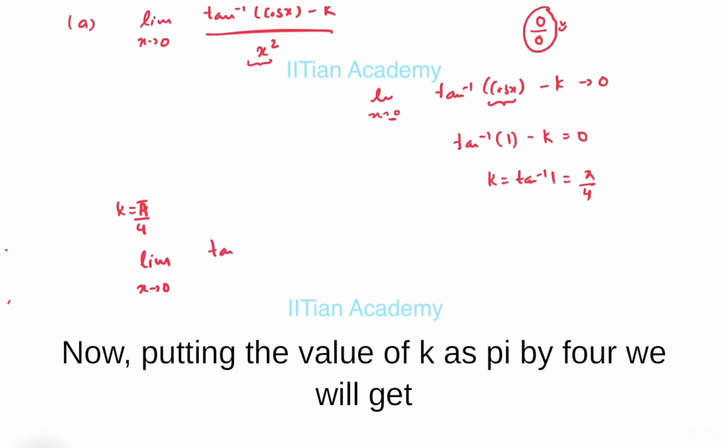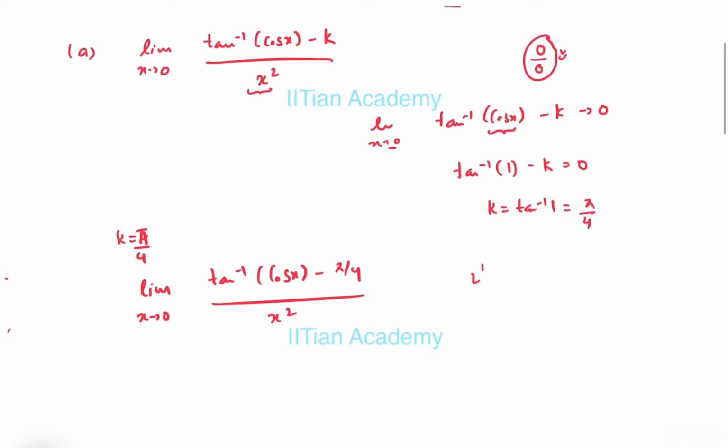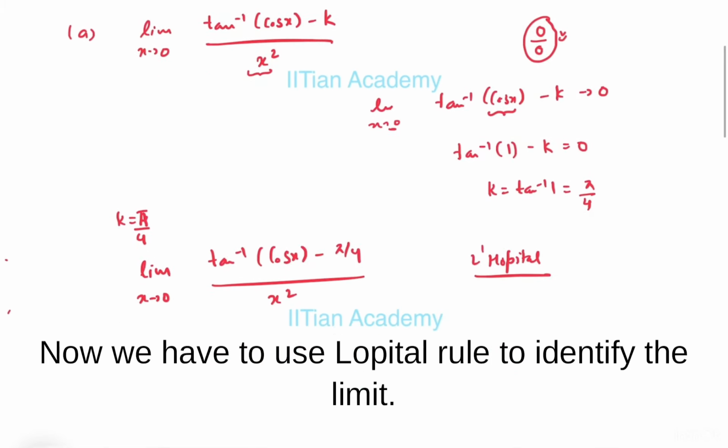Now putting the value of k as pi by 4, we will get tan inverse cos x minus pi by 4 divided by x square. Now we have to use L'Hopital rule to identify the limit.